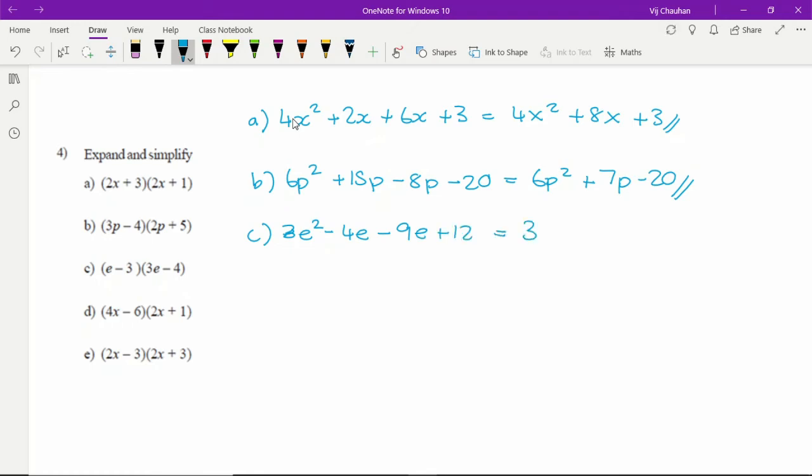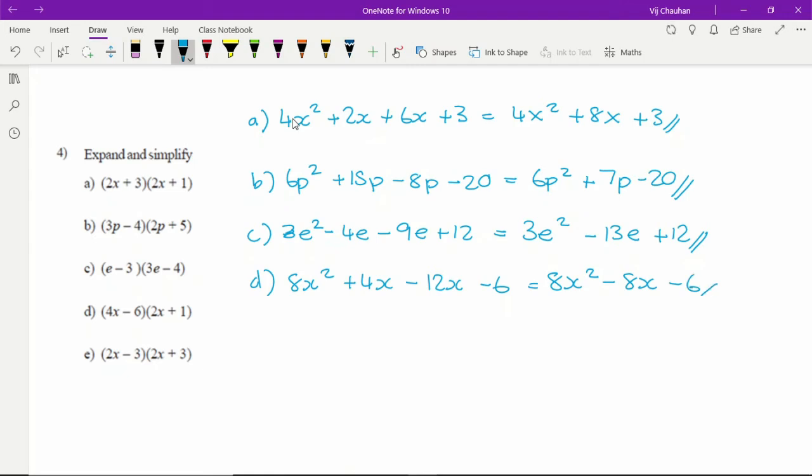So we've got 3e squared minus 13e plus 12. And for D, we've got 8x squared plus 4x minus 12x minus 6. And collecting those like terms, we get 8x squared minus 8x minus 6.